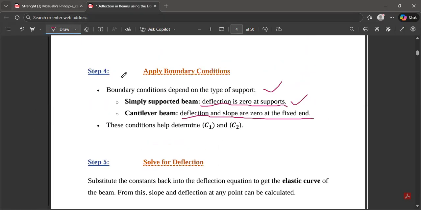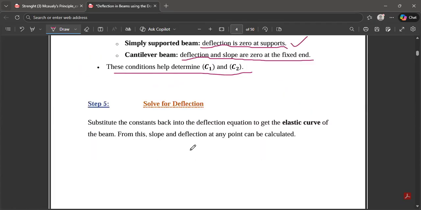And the main reason why we do the boundary condition in step 4 is to what? Calculate the constants C1 and C2 after the what? Integration. When you do the first integration, you're going to get C1. And then after the second integration, that is what is going to produce the C2. Okay. And without knowing the values of C1 and C2, you can't proceed. That is why we do the boundary conditions.